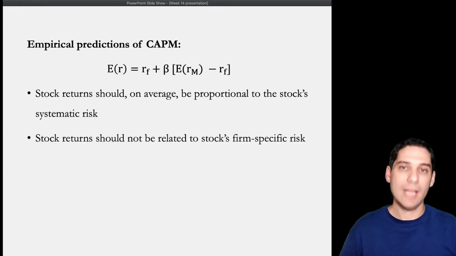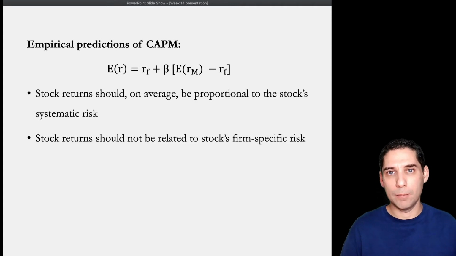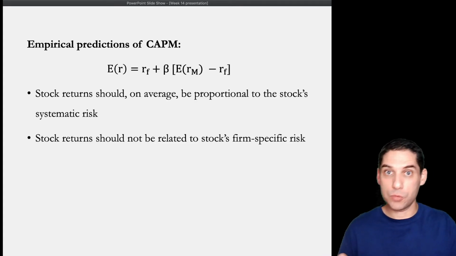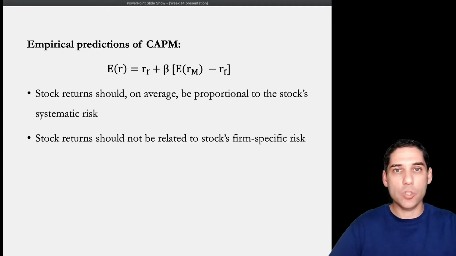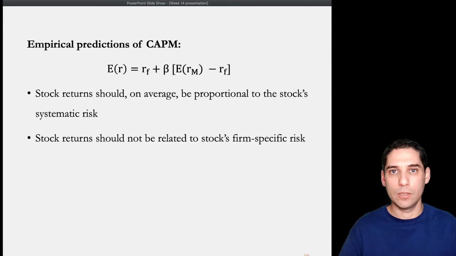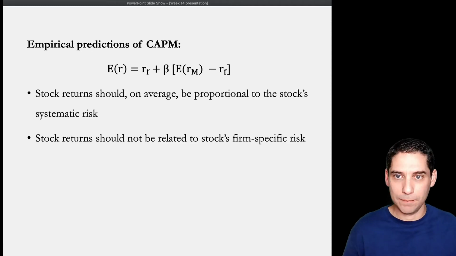In addition to that, CAPM says, and this is a very strong implication of CAPM, that the only thing that should matter for a stock's return compared to another stock's return at the same time is beta. That's the only factor that should matter. The higher the beta, the higher the return. There's no other factor, okay?